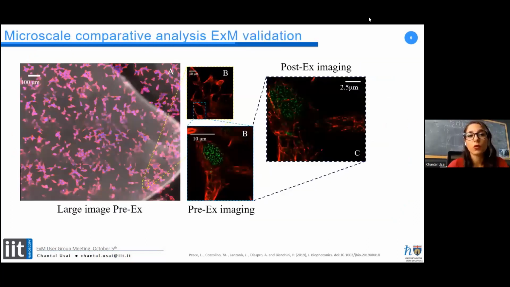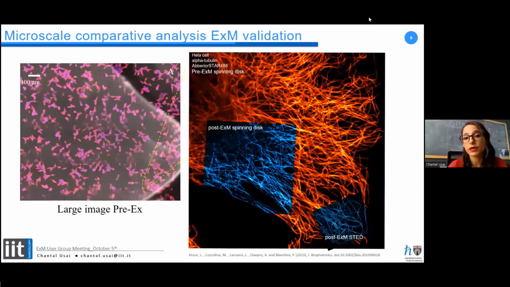So we can always perform this comparative analysis to validate our expansion protocol. For example, we can take a large image pre-expansion, and then post-expansion we can go find back the same cells, and then we can obtain something that looks like this, which is always valid.